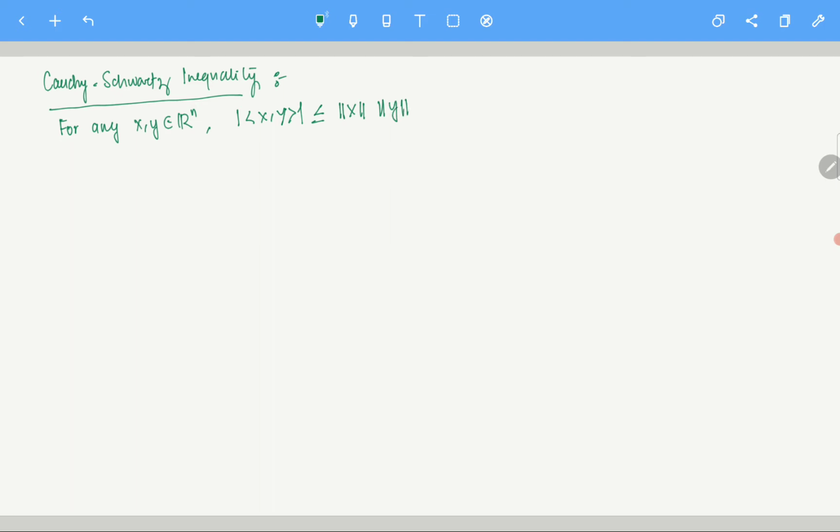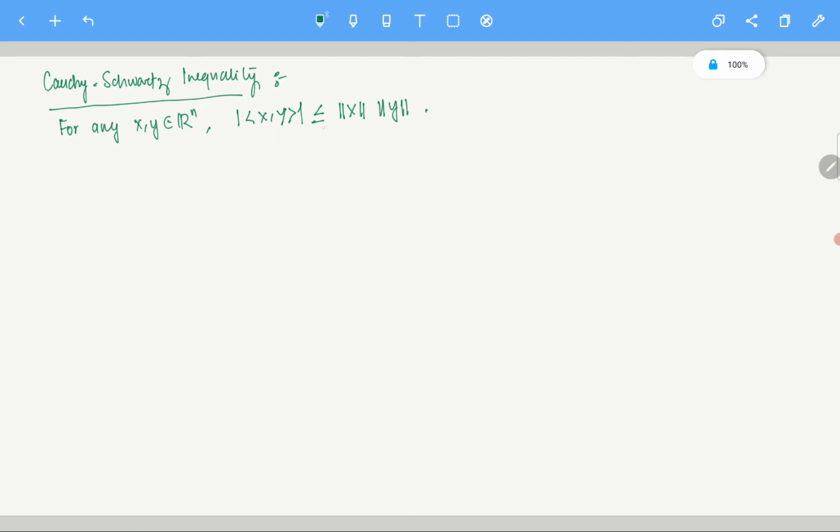X and y are vectors in Rn, but the inner product becomes a real number, so here the norm is basically the mod. The norm becomes the modulus in one dimension, and this norm is defined in Rn. Of course, this is the 2 norm. For now we will just concentrate on the 2 norm.